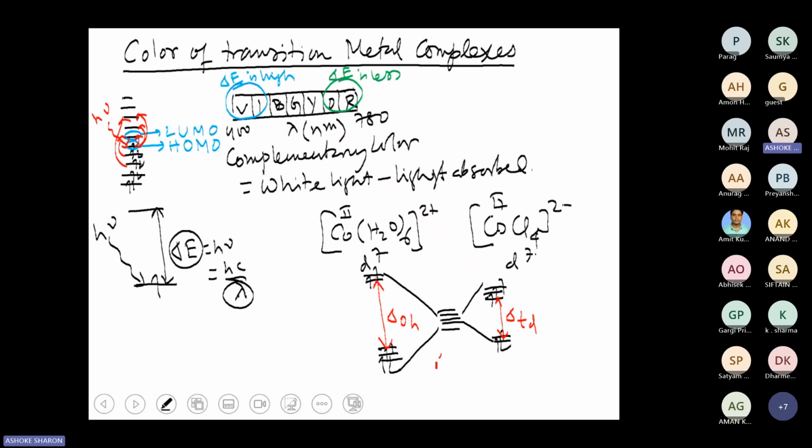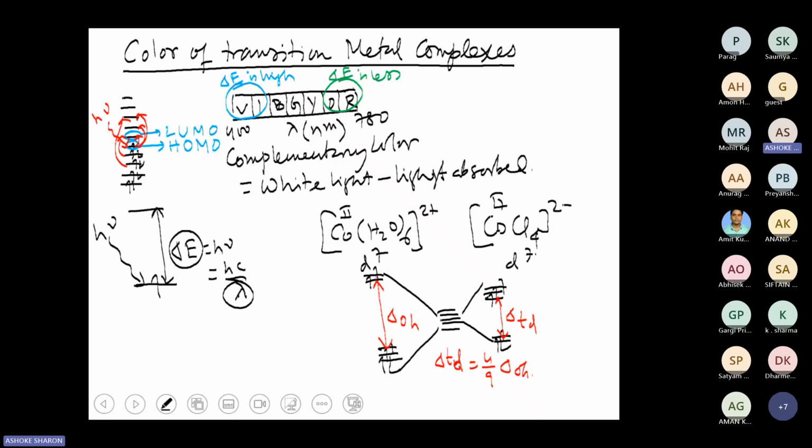Delta TD is equal to 4/9 delta OH. That means less than half. The amount of splitting for this one is less than half of the other one. So that's why the energy difference in the tetrahedral case is less.